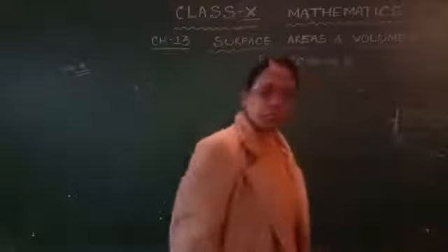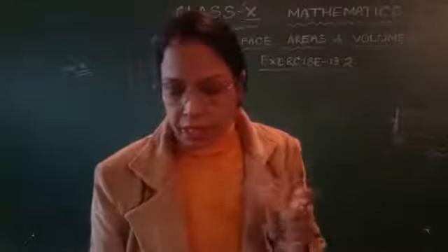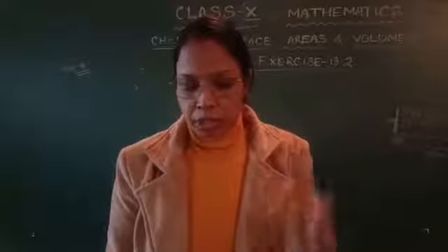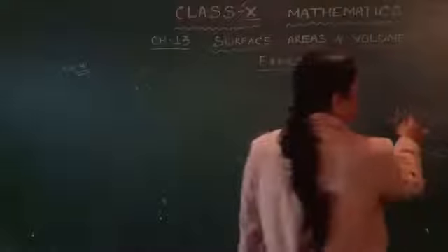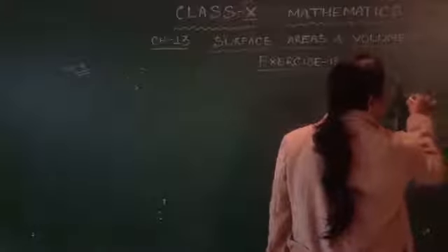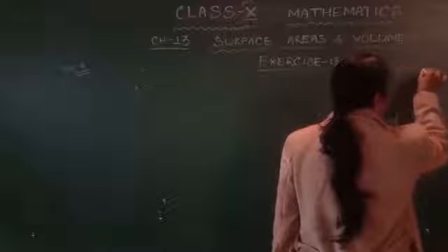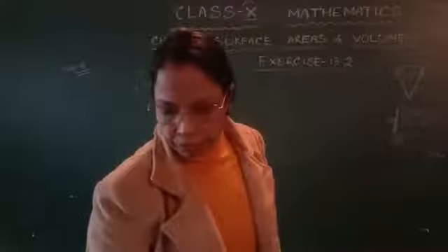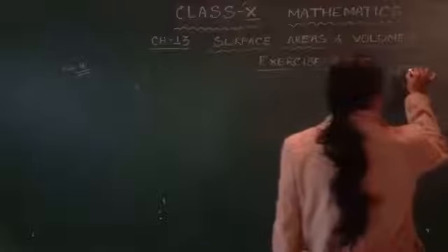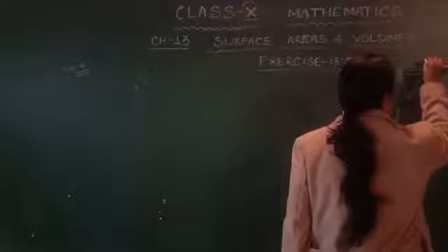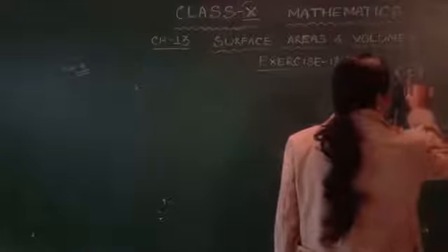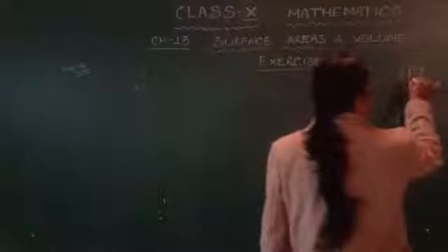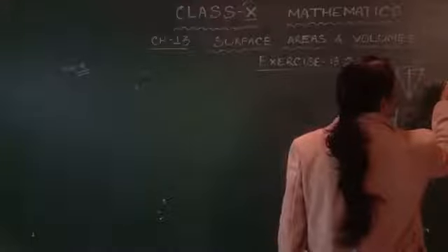Each depression is in the shape of a cone, and the radius of each depression is 0.5 centimeter, and the height, that means the depth of the depression, is 1.4 centimeter.